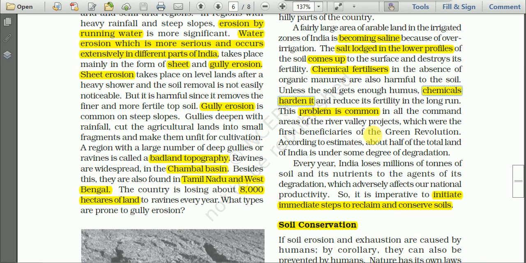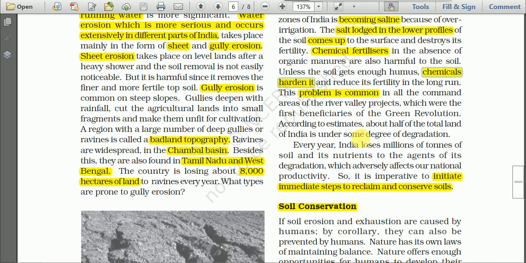And that is why it is said that the use of chemical fertilizer in the agriculture field is another cause for soil degradation. Such a problem is common in the command areas of the river valley projects, where the first beneficiaries of the green revolution are, for example Punjab, Haryana and western Uttar Pradesh.